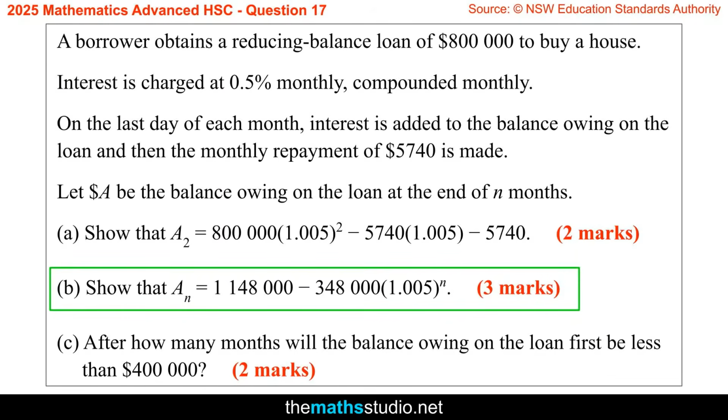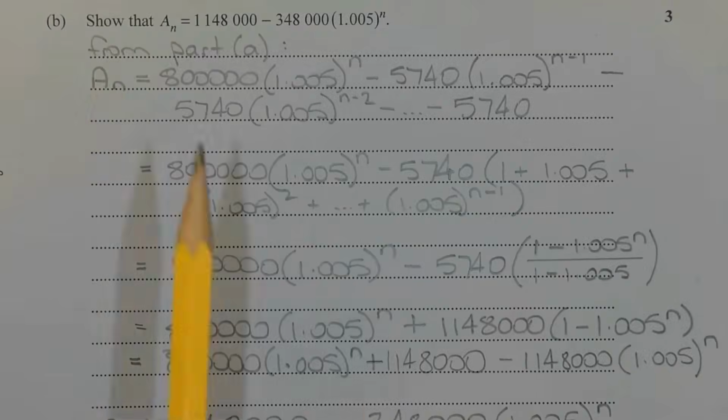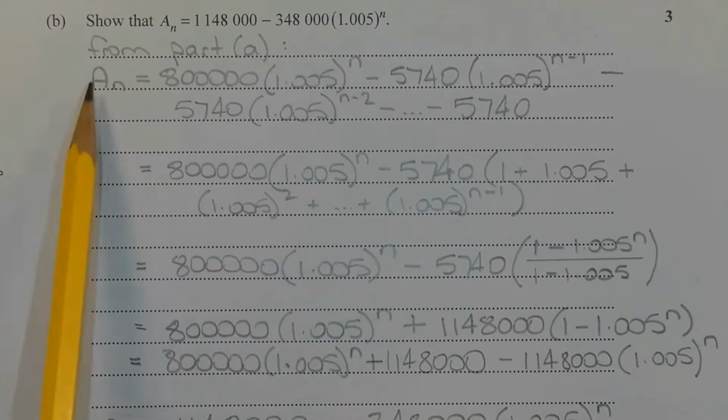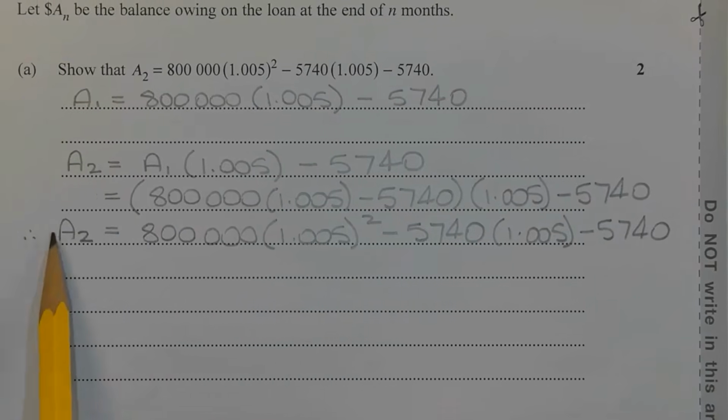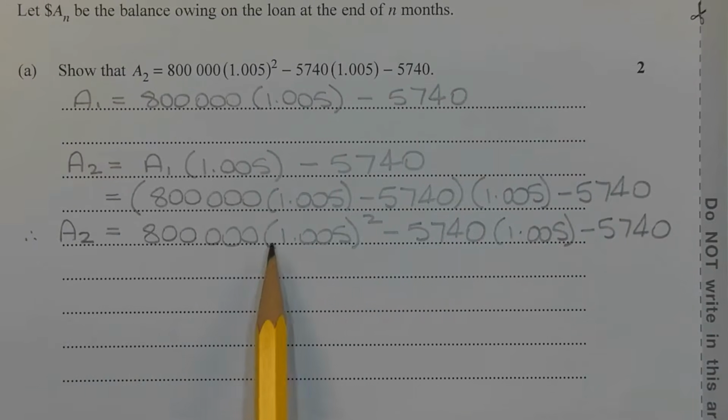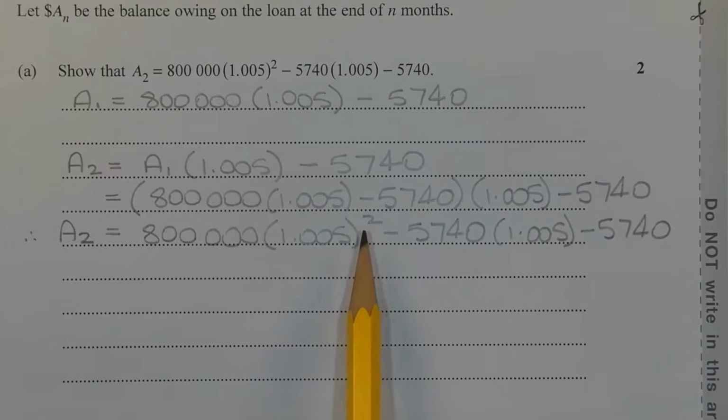Part B. Show that AN equals 1,148,000 minus 348,000 times 1.005 to the power of n. Using the result from part A, we can generalize an expression for AN. So going back to part A, we can see that A2 is equal to 800,000 times 1.005 to the power of 2.